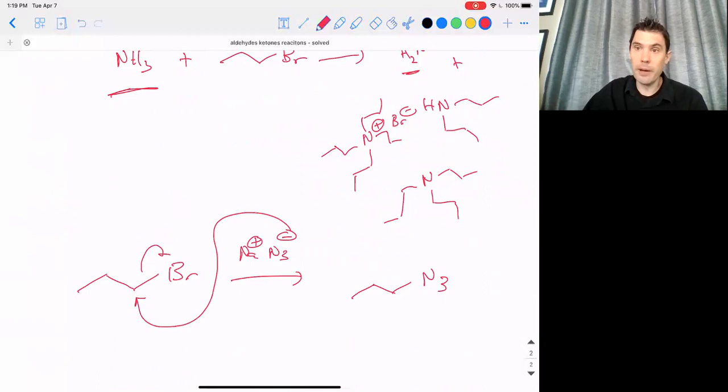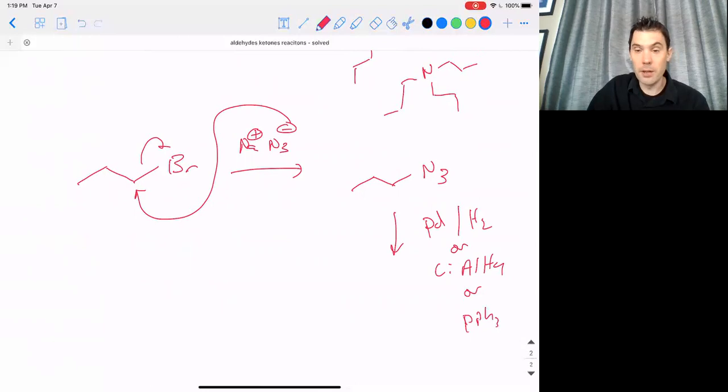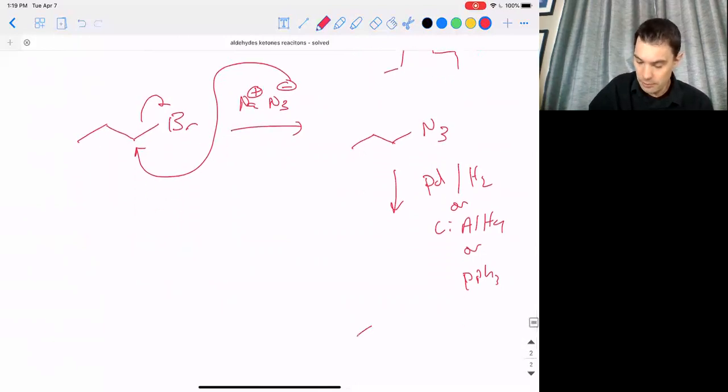If it were in my lab, we would be very concerned about making propyl azide. But thankfully here, we're just representing this chemistry on paper, so we don't have to worry about that safety issue. Then we can reduce this with palladium on carbon, or you can reduce it with lithium aluminum hydride, or you can actually use PPh3. Same stuff we use for the Wittig reaction ends up with a different reaction, which is called the Staudinger reaction, and that'll actually reduce the azide down as well.